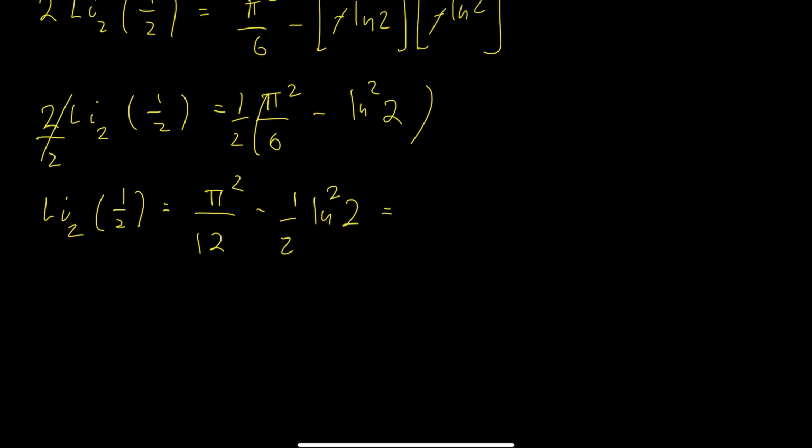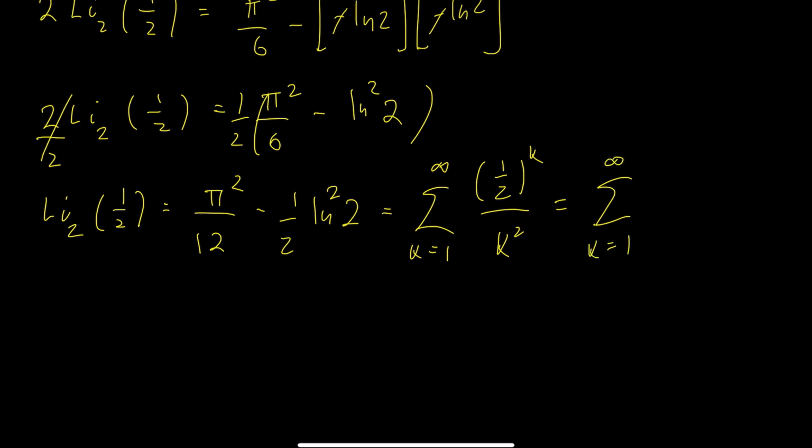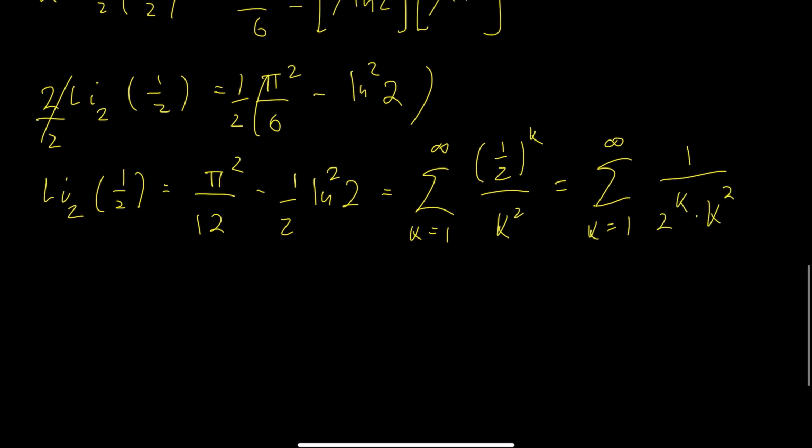But by the definition of the dilogarithm, we're going to have the sum from 1 to infinity of 1/2 to the k over k squared, which is the sum we're looking for, the sum from 1 to infinity of 1 divided by 2 to the k times k squared.